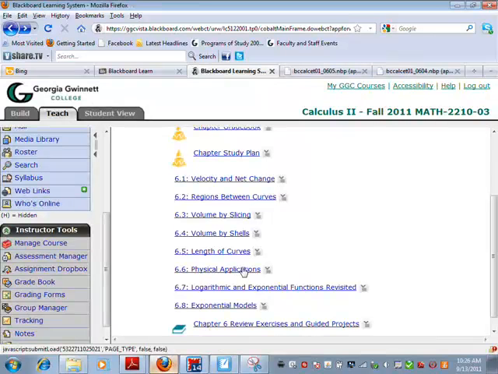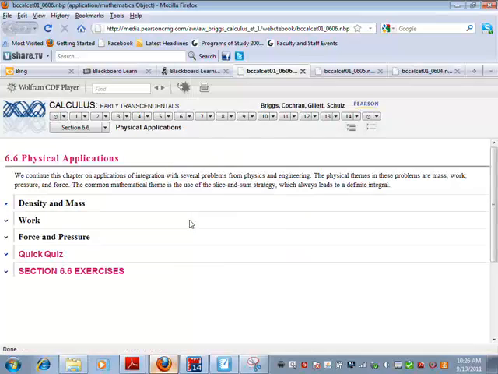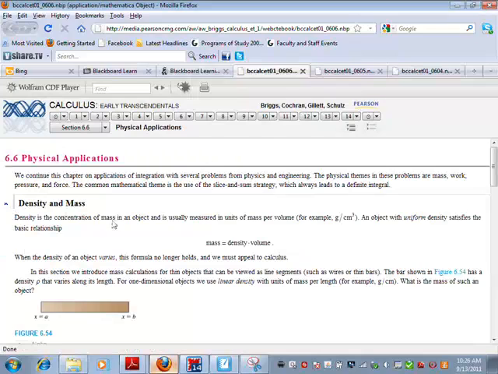All right, here's the last thing we'll talk about. Some physical applications. Density and mass. Okay, so here's where we have to be paying attention to units. We'll be asking about the mass or the density. I'll give you the density and ask for the mass, something like that. So mass is equal to density times volume.